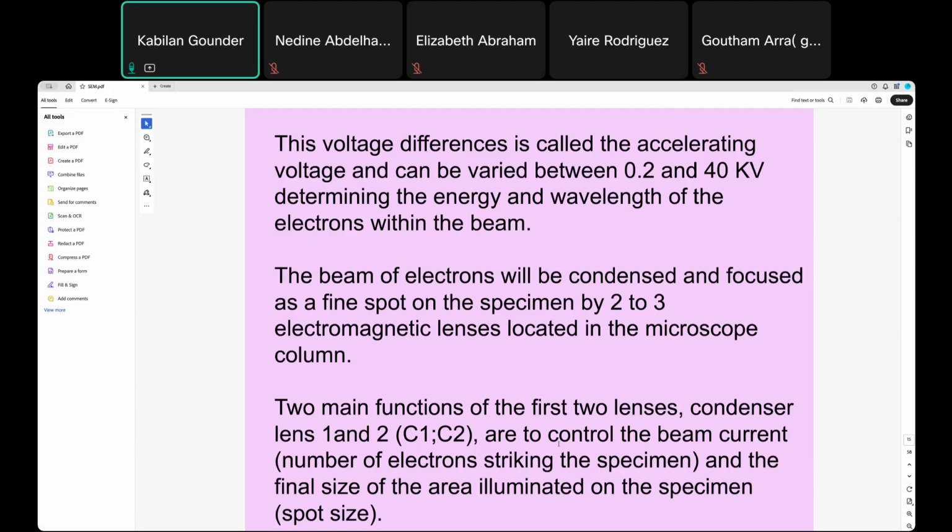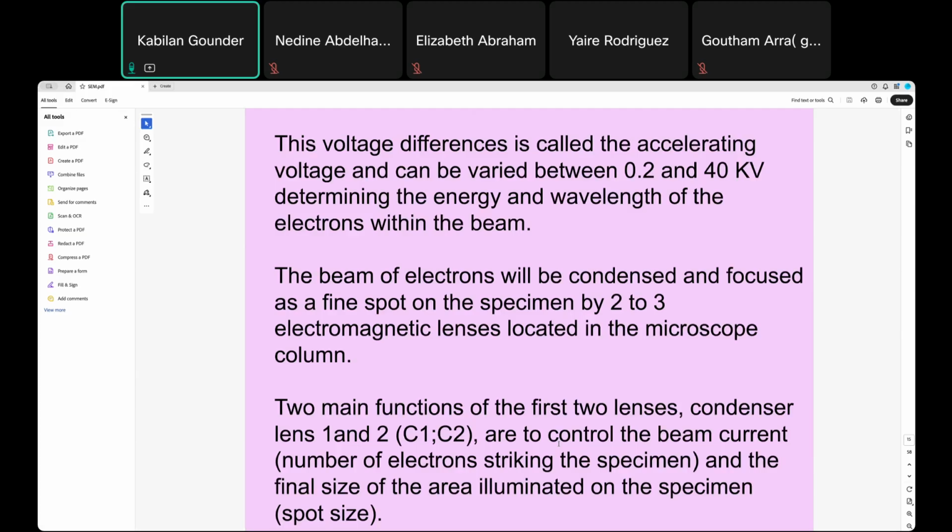The two main functions of the first two lenses, the condenser lenses, are to control the beam current, that is the number of electrons striking the specimen, and also the final size of the area illuminated on the specimen, the spot size.